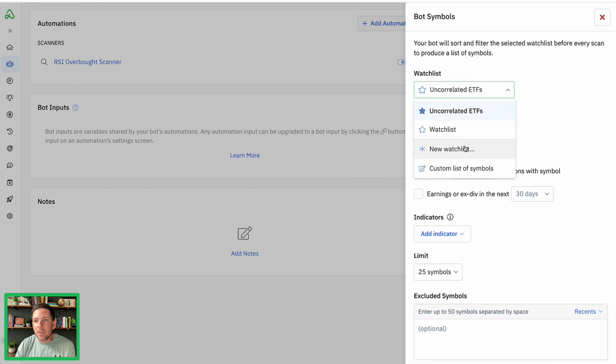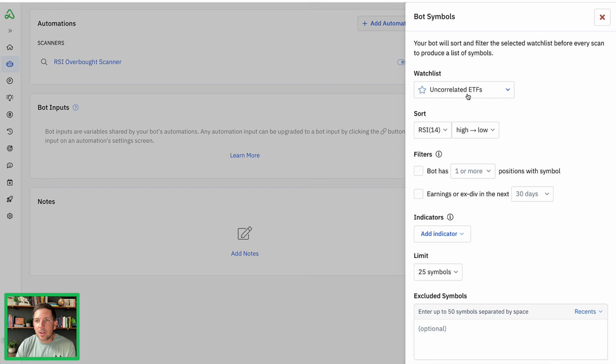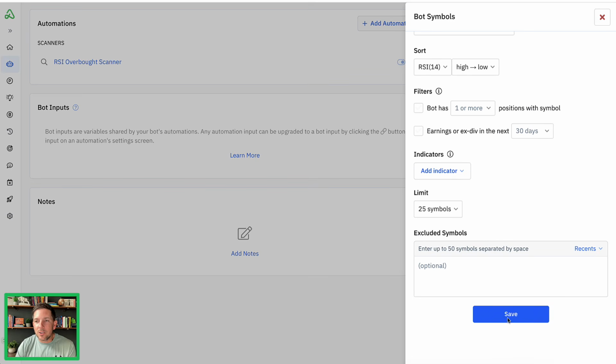You can create a new list, enter a custom list of symbols. You can then sort these if you wanted to sort them by RSI. So you can say, look, even inside my uncorrelated ETFs list, if I find many positions with high RSI, grab the ones with the highest RSI first. And you would put those in there and then just save this list.